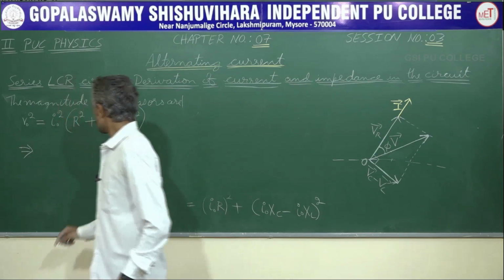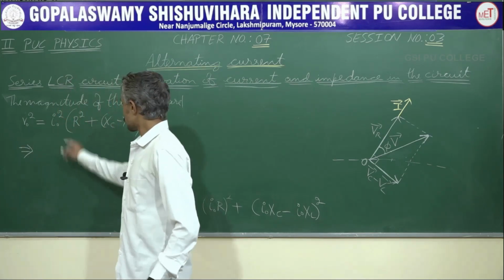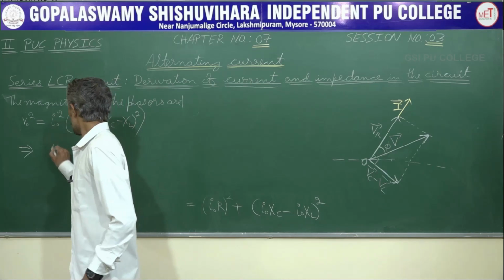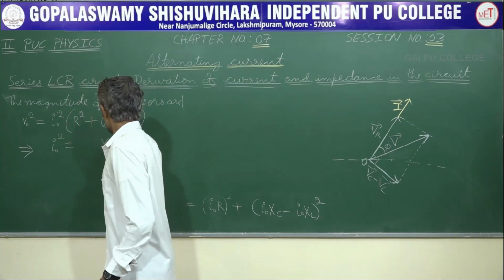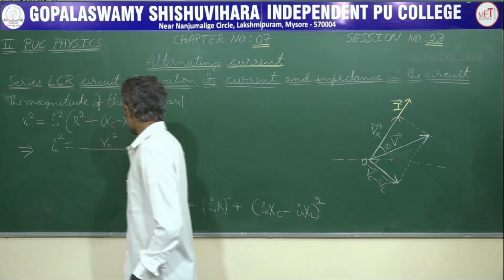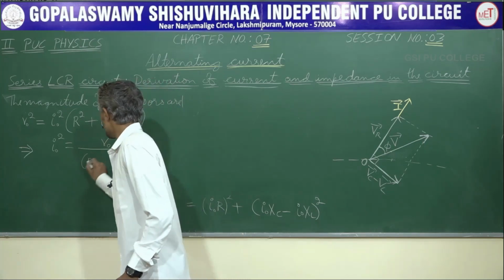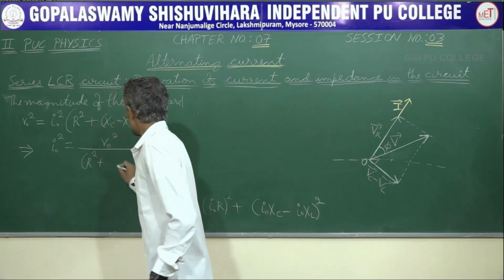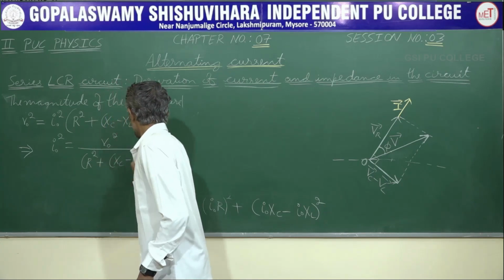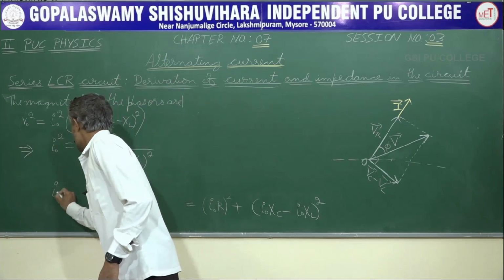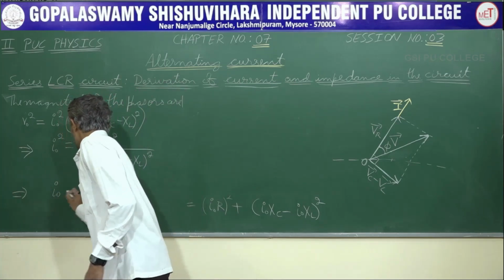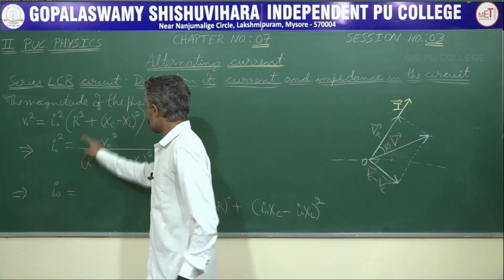Further, I want the expression for I0 square. So I will get this as I0 square is equal to V0 square whole divided by R square plus XC minus XL whole square, which means I0 is going to be the root of this.